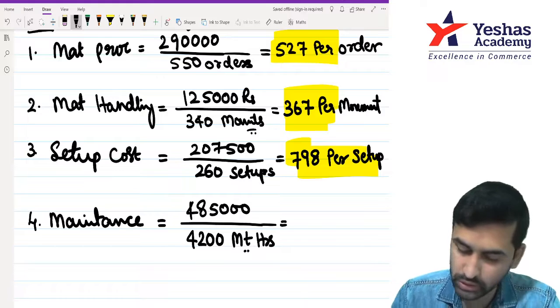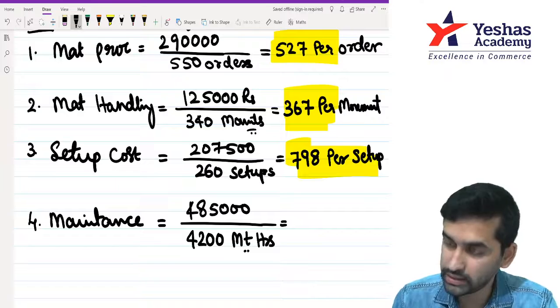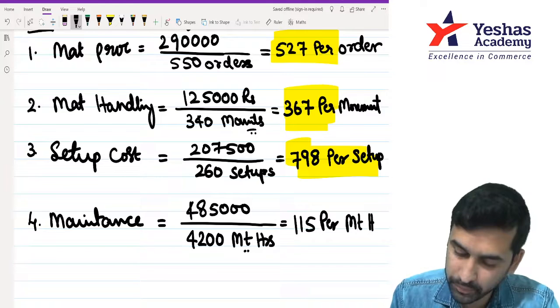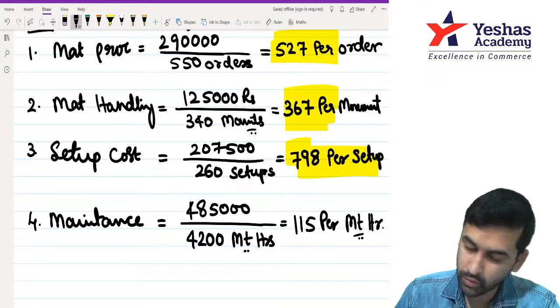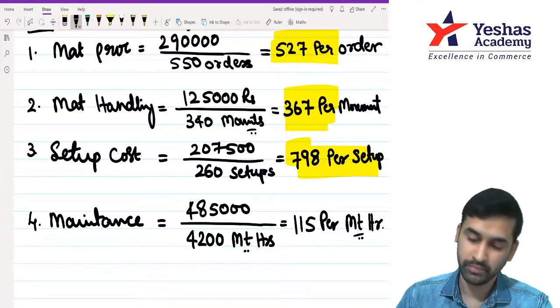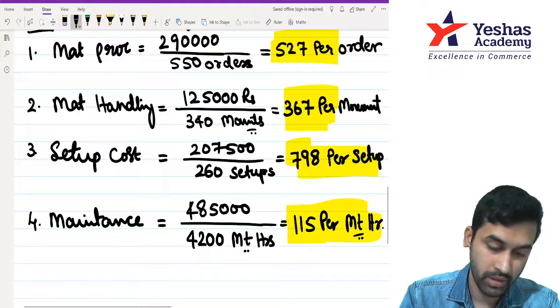Correct, 4,200 maintenance hours. So that is coming to 115 per maintenance hour. Okay, what next?